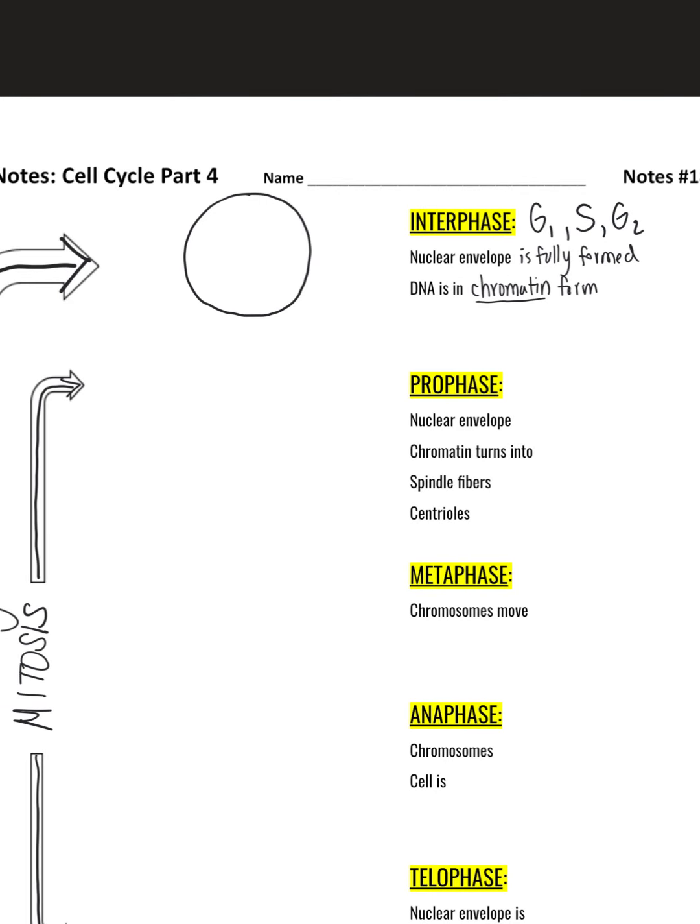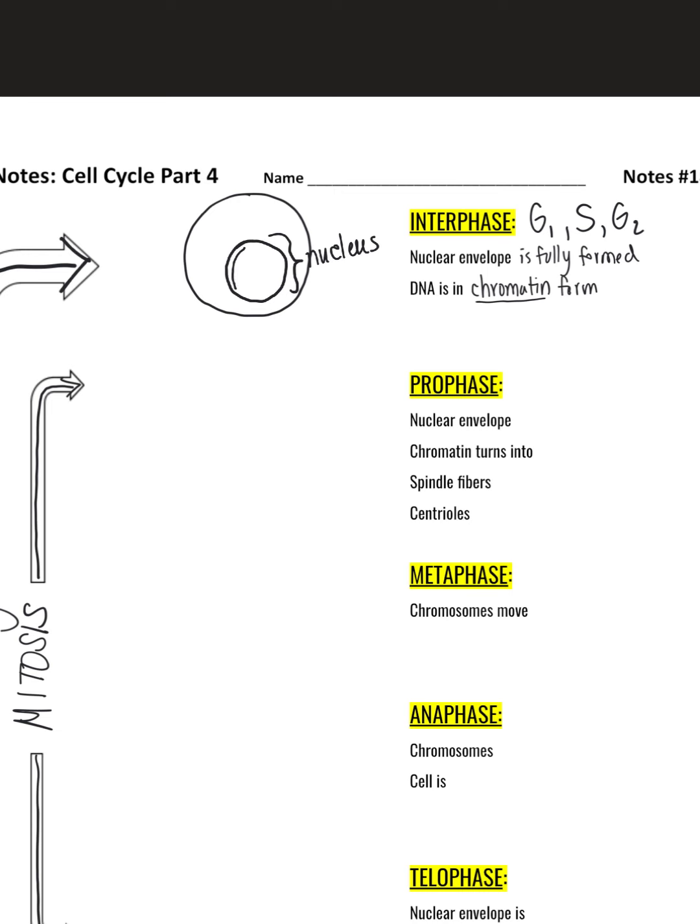So over here in our circle, which is our cell, that outer part is the cell membrane. And then on the inside, I'm going to go ahead and draw the nucleus. So obviously we're talking about cell division with a eukaryotic cell because eukaryotic cells are the only ones with a nucleus. So here's our nucleus.